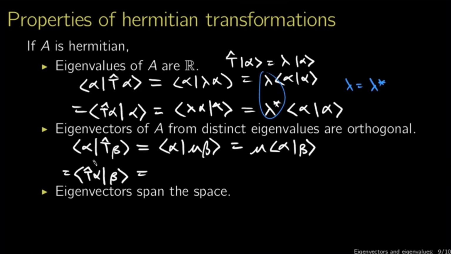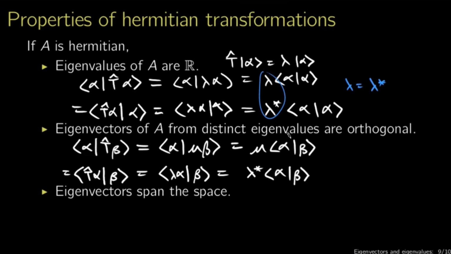And when I allow T to act on alpha, I end up with the eigenvalue associated with alpha, which I'll call lambda. So we'll end up with lambda alpha inner product with beta. As before, I can pull out the lambda here, but since I'm now on the left with the bra instead of the ket, with the Hermitian conjugate instead of the vector itself, I end up with the complex conjugate of lambda times alpha inner product with beta.